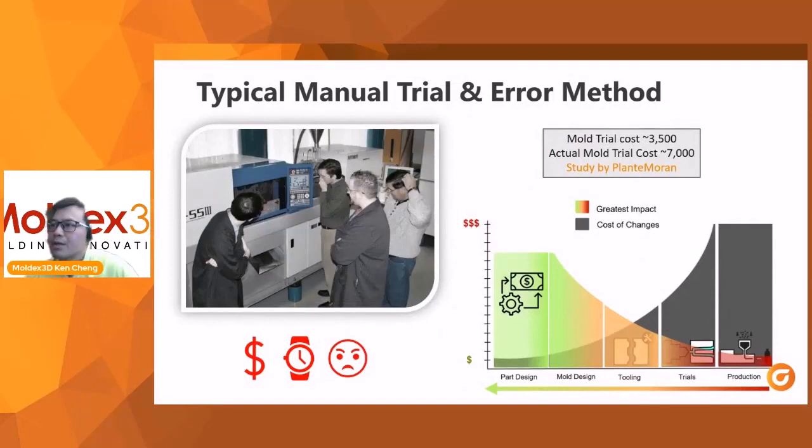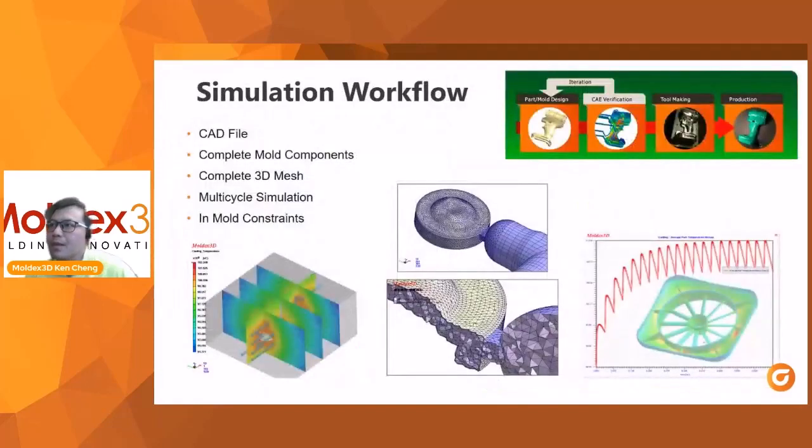Before you cut steel, in the earlier design phase, you run simulation, and once you finish your design, then you are going to do the tooling. You are also able to run simulation then. The slide shows that the earlier you run simulation, the more it helps you reduce the cost of your tooling. So this is the workflow of the simulation.